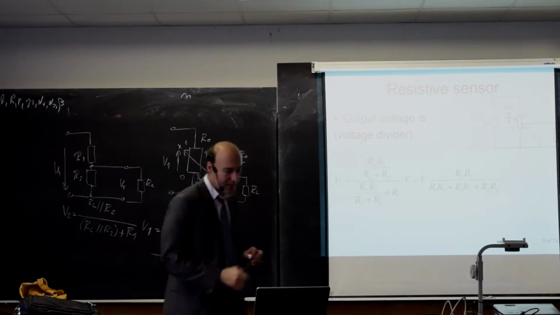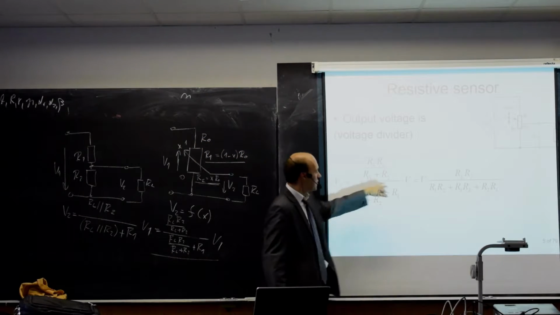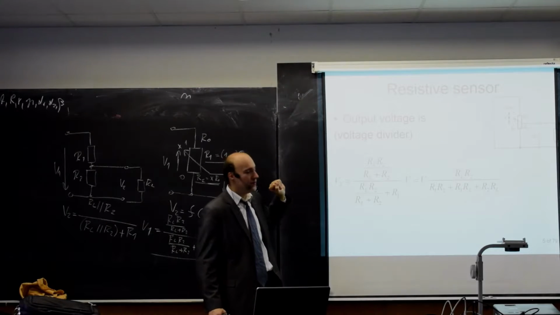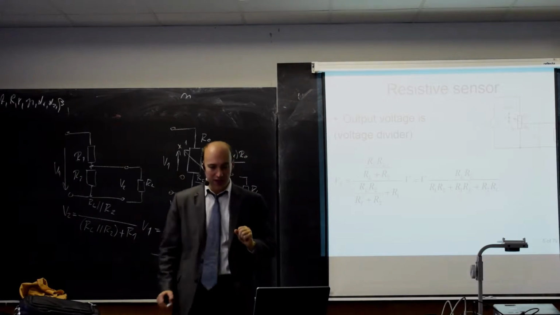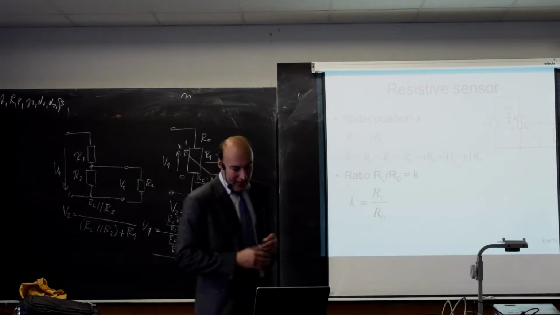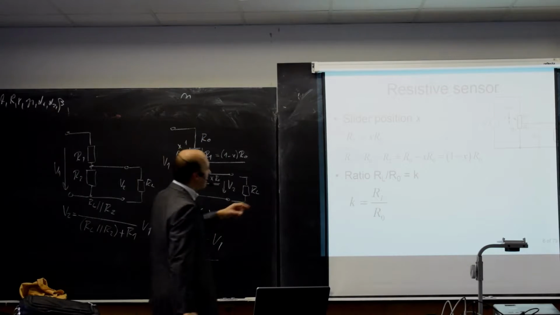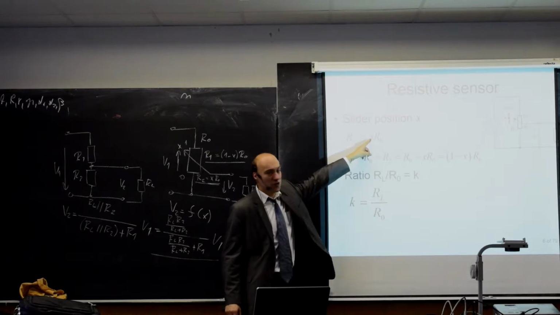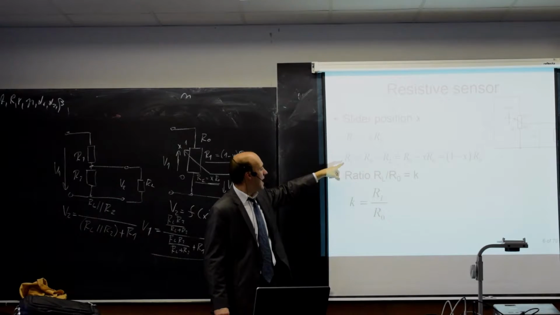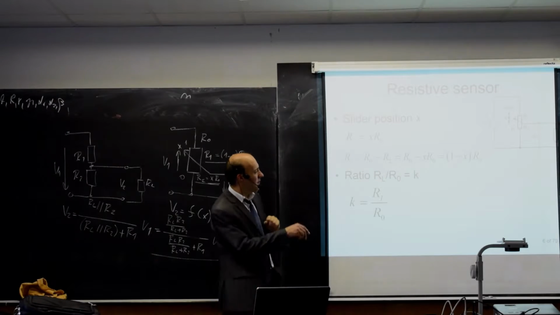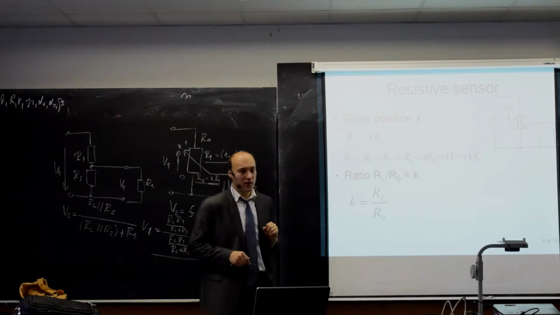So this is the equation that I just wrote on the blackboard. So that's the voltage on the output of the voltage divider. It's just a different form. And here you see we have the definition for R2 as a function of X times R0, and R1 as a definition of 1 minus X times R0.